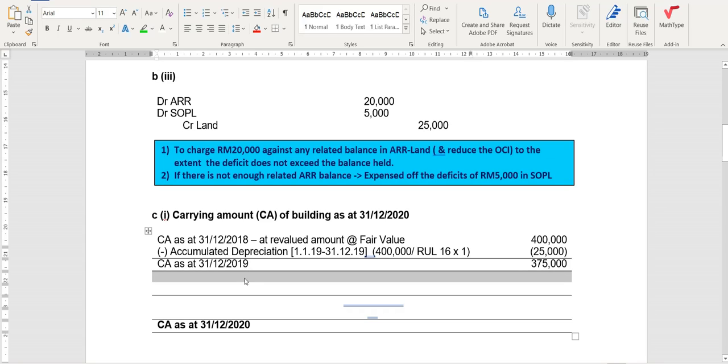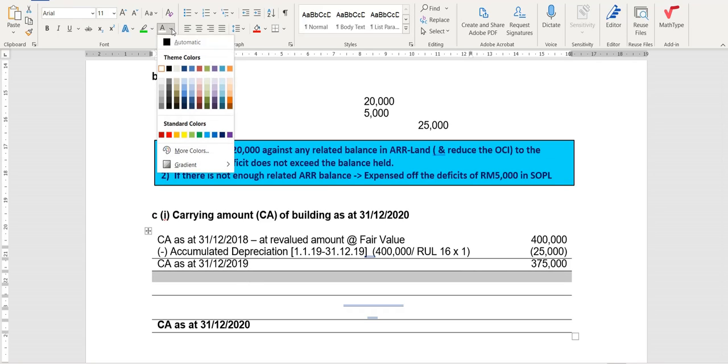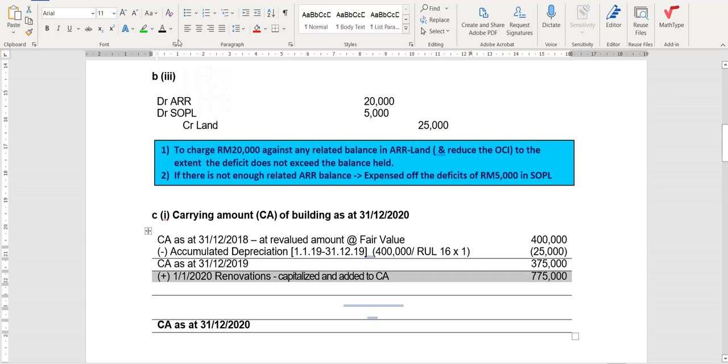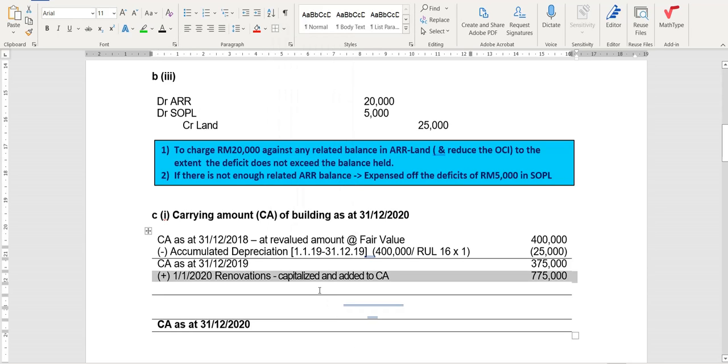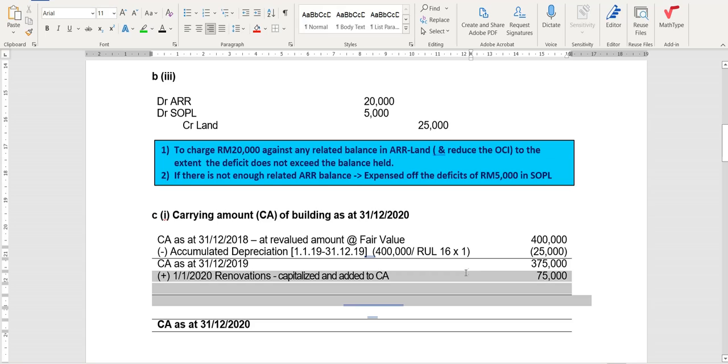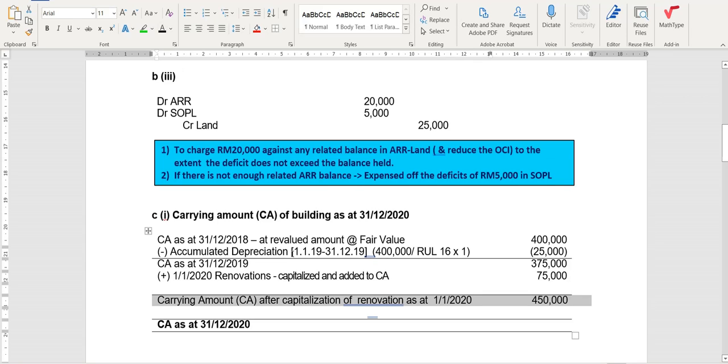So that will be added to the carrying amount. Right. So now you know the amount is 75. If you total up, that will give you 450,000, the carrying amount after the renovation has been added.